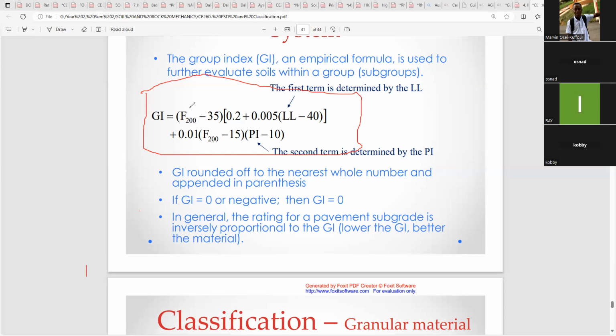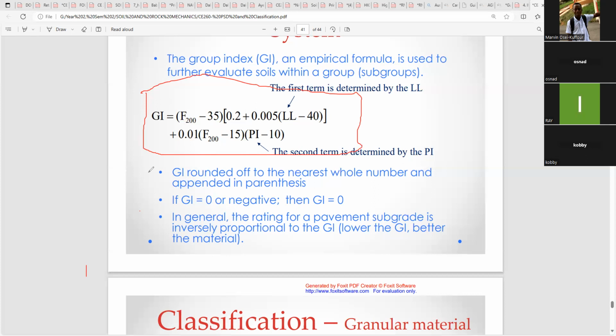The F200 is just the percentage passing the 200 sieve, and the PI you know already is your plasticity index, and the LL still remains the liquid limit. There are about three key factors, the rules governing the GI. The GI is called group index.